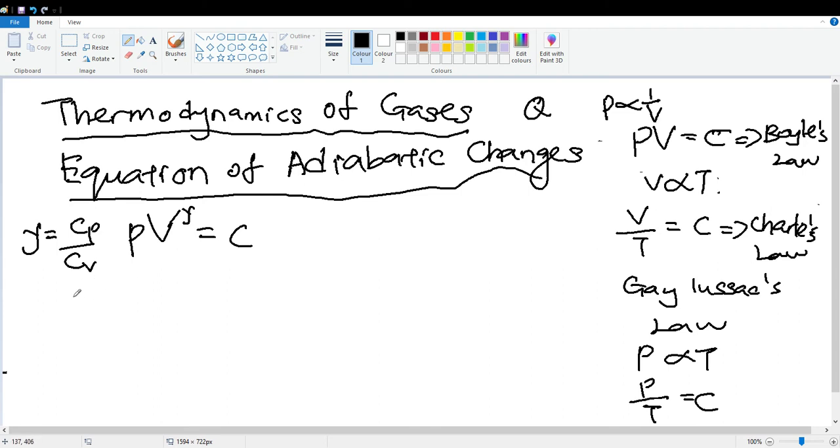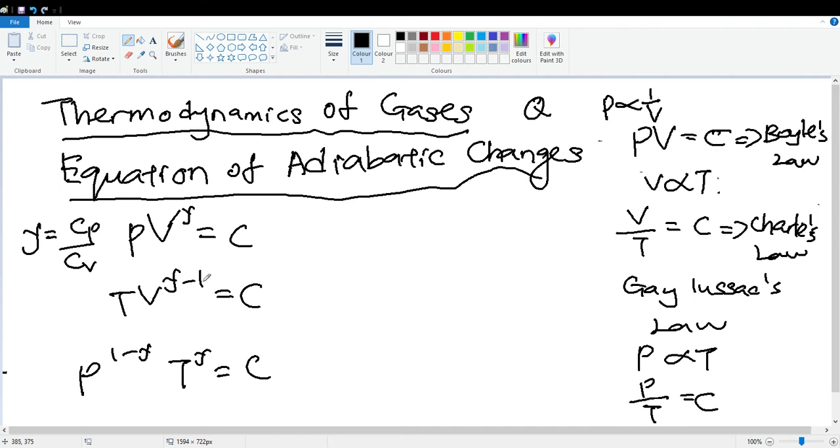As for Charles' law, we have TV^(gamma-1) equal to a constant. As for Gay-Lussac's law, we have P^(1-gamma) T^gamma equal to a constant. So these equations represent adiabatic changes.